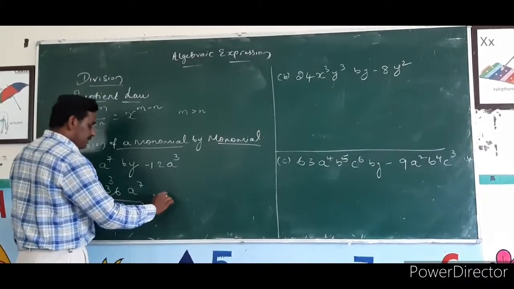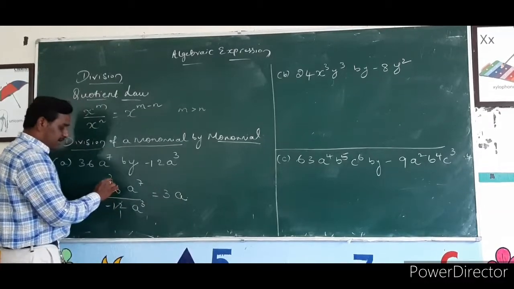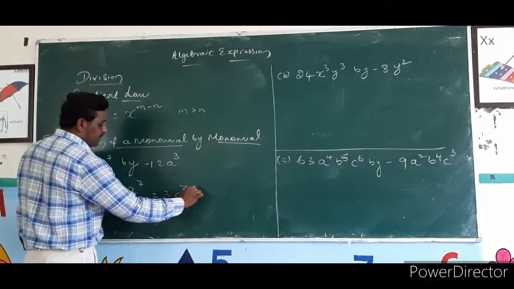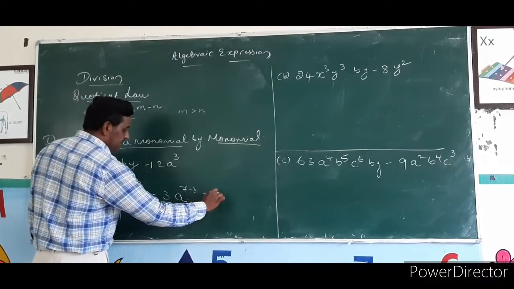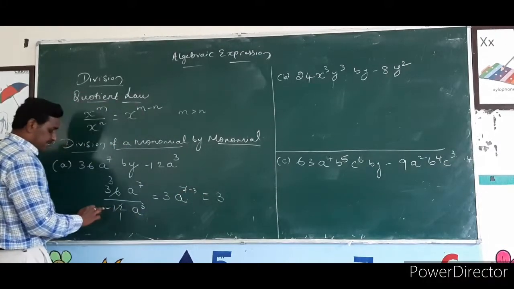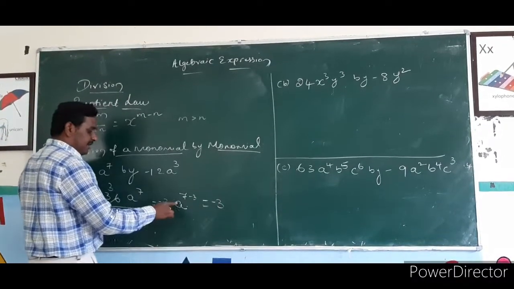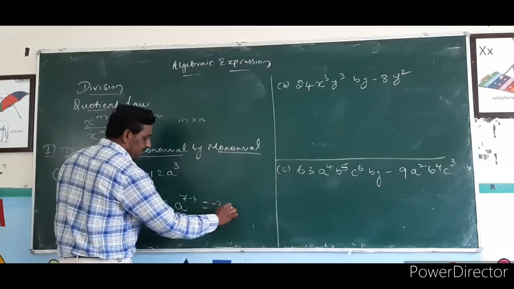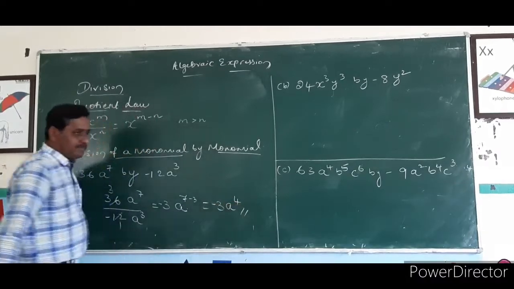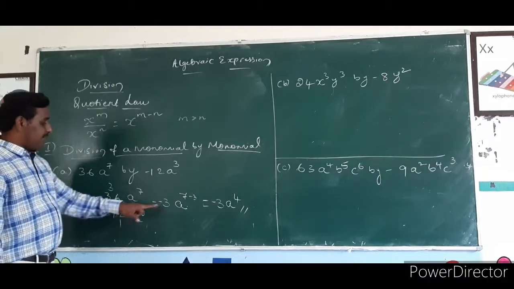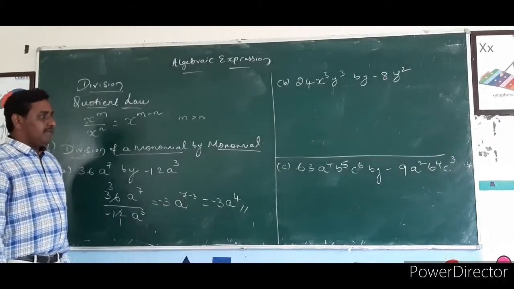Here 3 is remaining. Here 7 is there, and plus 3 goes upside, so minus 3. Here a minus sign is there in front of 12, so you can put minus. That's why this is minus 3. In a, 7 minus 3 is a to the power of 4. By using this quotient law, we can find the answer for the variable part.